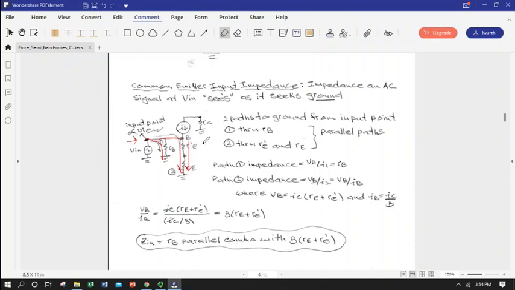Now remember, I2 is not the same as I1, because I2 is flowing through this path, and it's got the full collector emitter current flowing down through the transistor. So we kind of need to define what I2 is so we can get the second impedance, because we can't just use an I1 to define it.